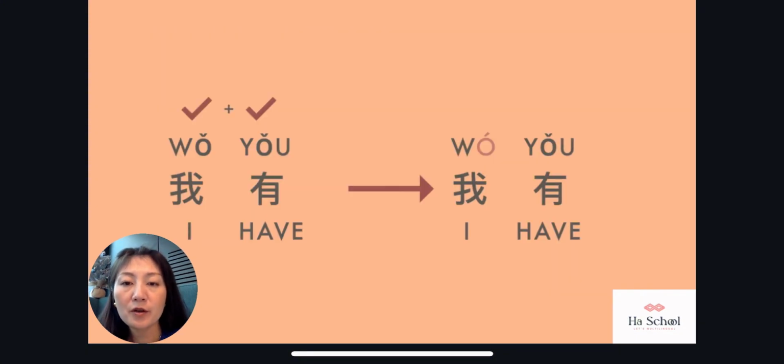When 2 third tones are together making a word, like this one, 我有, the first character will change its tone from the third to something like the second tone, like 我有. If we pronounce the word in its original tones, the 2 third tones, it will sound like 我有.